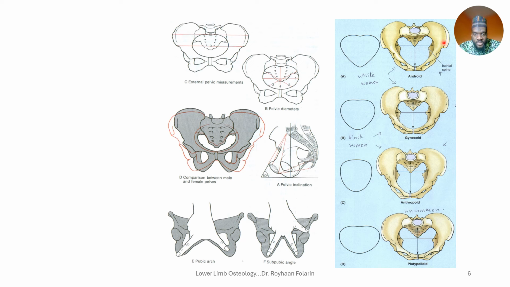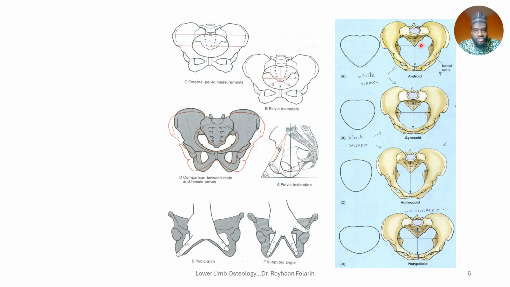So the android pelvis is characterized by a heart-shaped pelvic inlet and a narrow transverse diameter, and it usually has a reduced pelvic outlet, which can hinder fetal descent and increase the likelihood of operative delivery, of the woman having to go through operation.